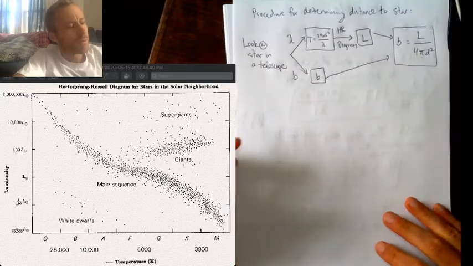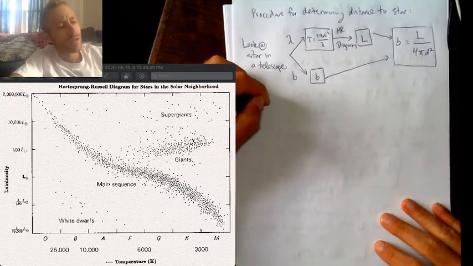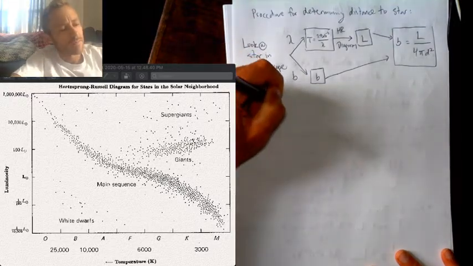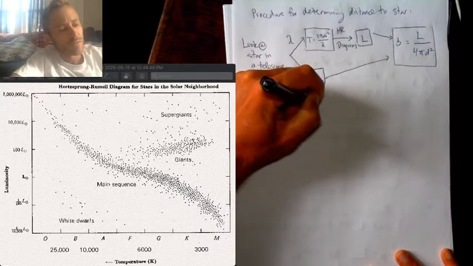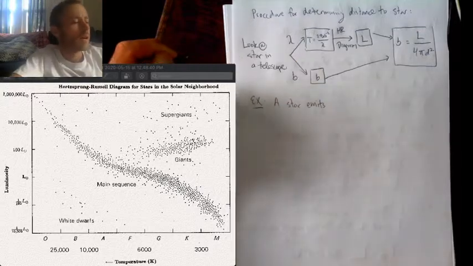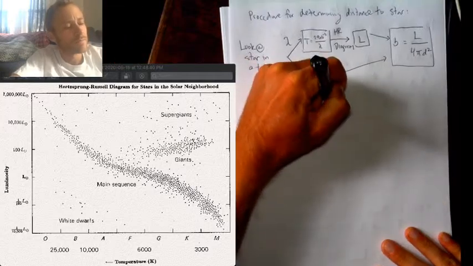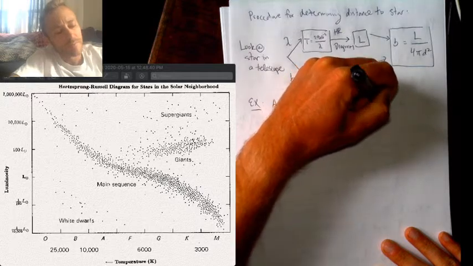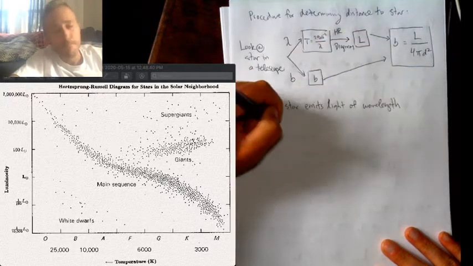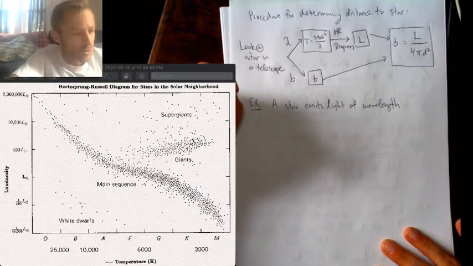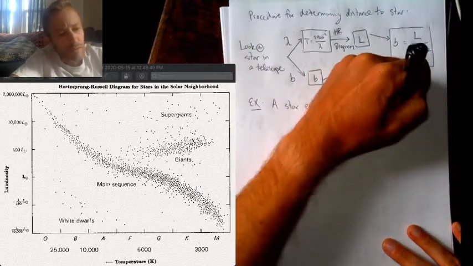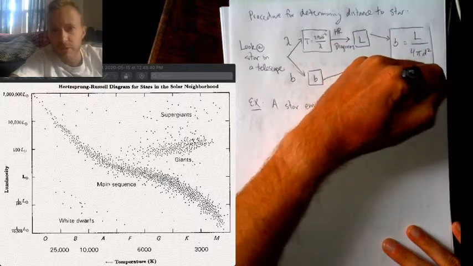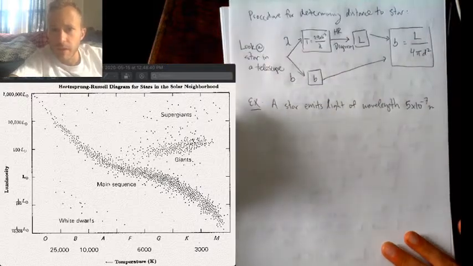So let's do an example. A star emits light of wavelength, let's say, 5 times 10 to the minus 7 meters. Okay.